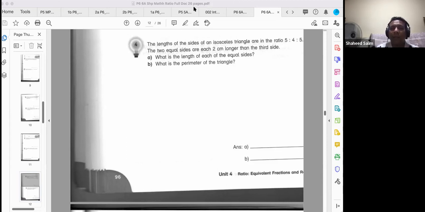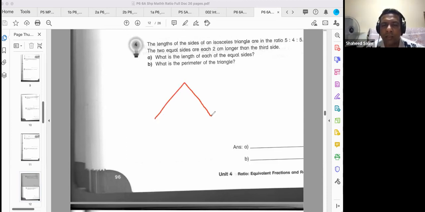Righty, well done. So let us read it carefully. Those of you who feel confused by this question, actually it might be a simple question. So you read it, believe in yourself. The length of the sides of an isosceles triangle. What's isosceles? 2 sides are the same.